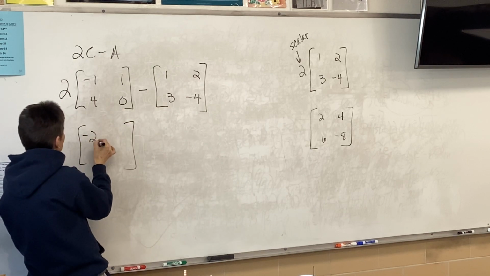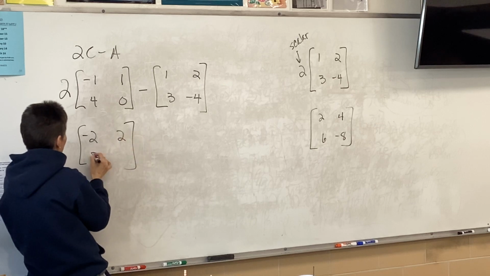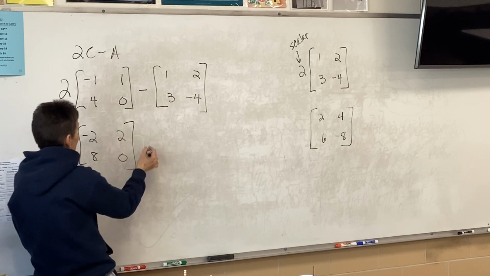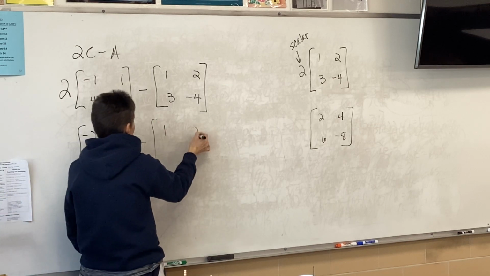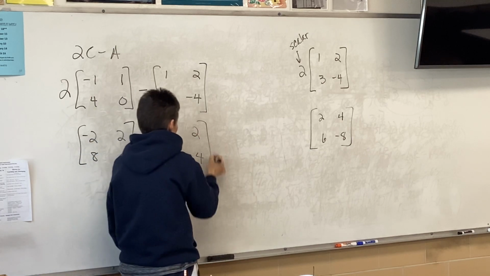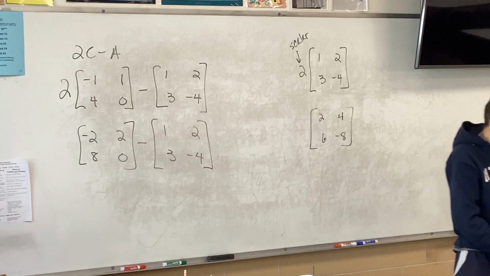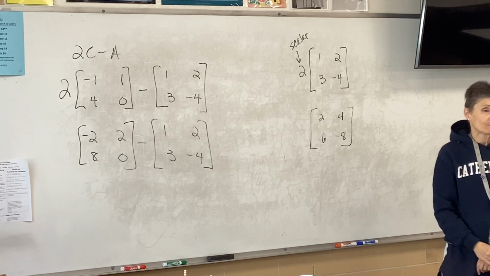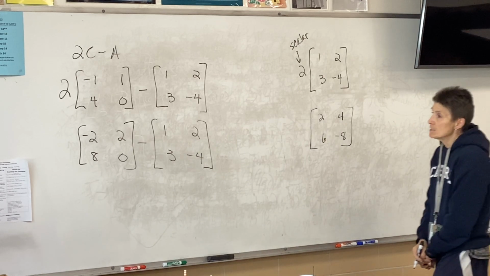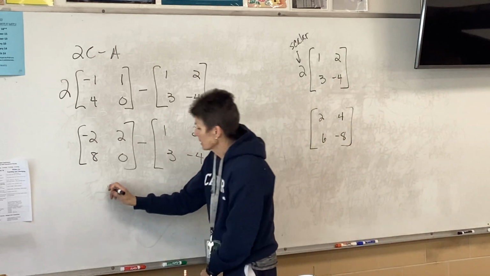So negative 2, 2, 8, 0, and then minus this other one. We're going to subtract in the same way that we add, so entry by entry.